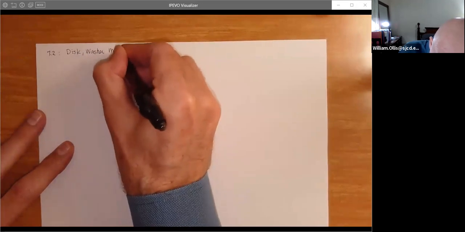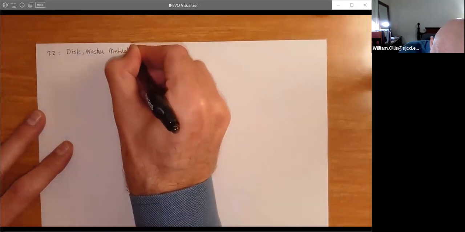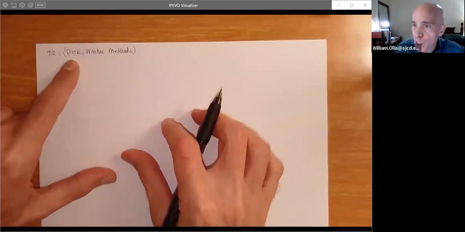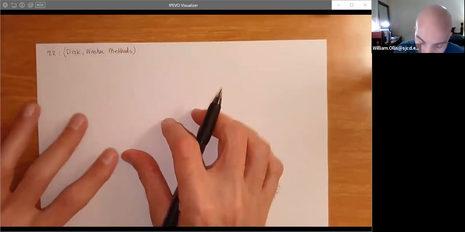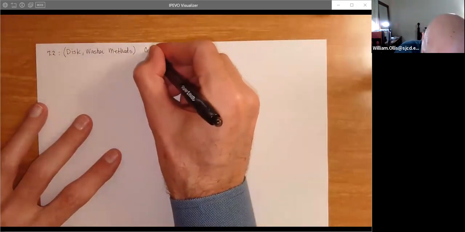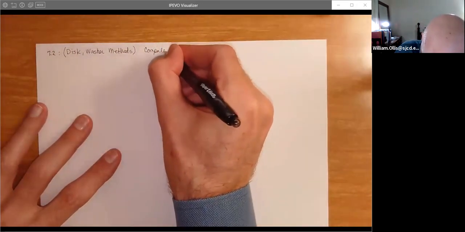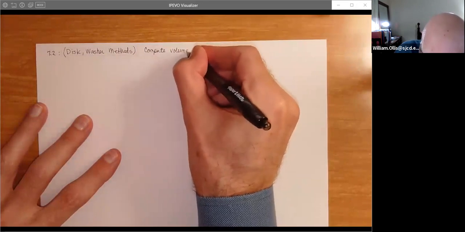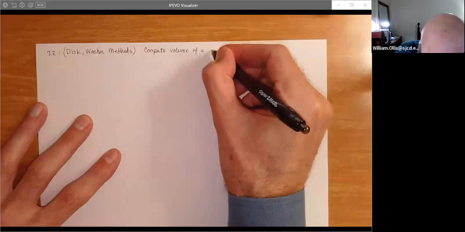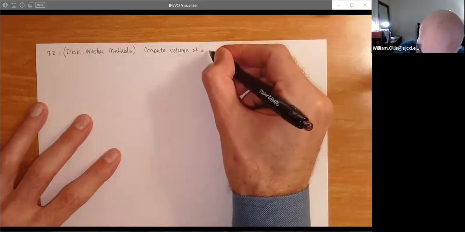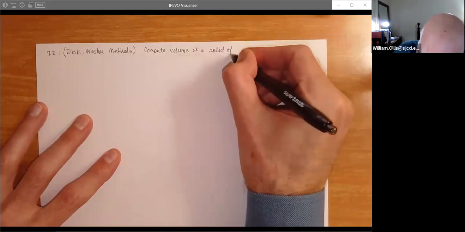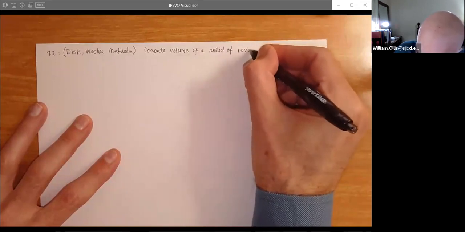And then at the end, I'll say a little bit about the cross section. The washer method is just an adjustment of the disk method, so there's nothing new. And this will be to compute volume, like doing an area before, compute volume of a solid of revolution.